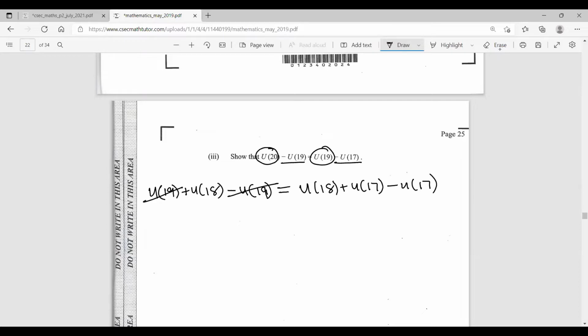Yeah. And then U17 minus U17 cancel out, right? Yeah. And we end up with U18 is equal to U18. Yes? Therefore, we show that they are equal to each other.